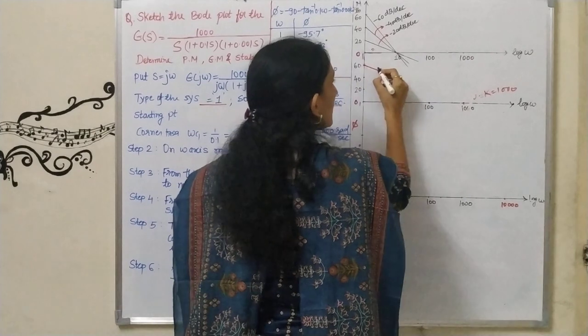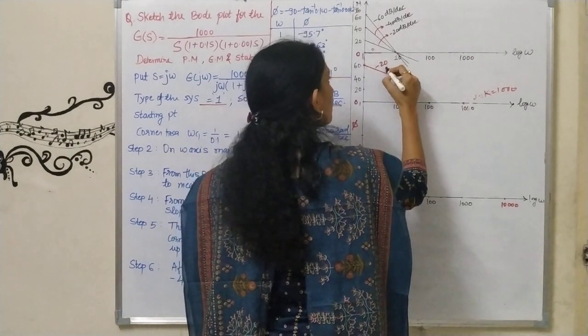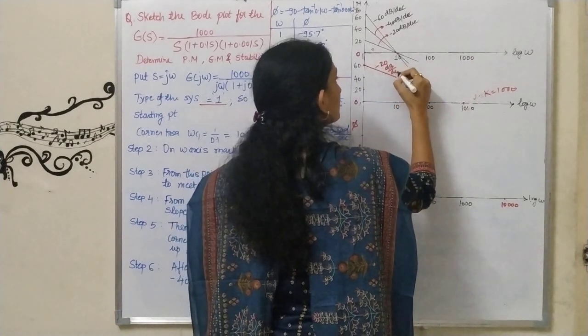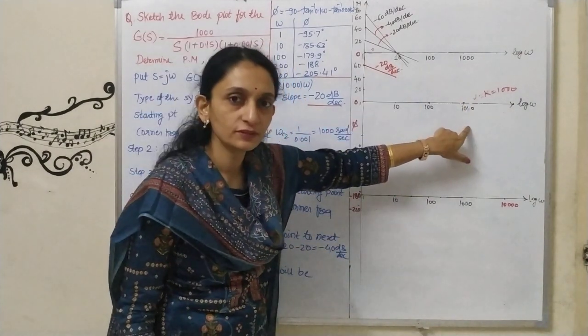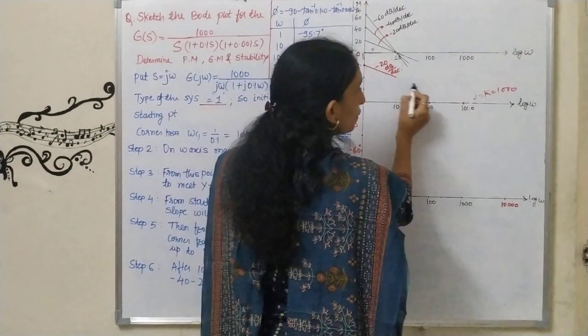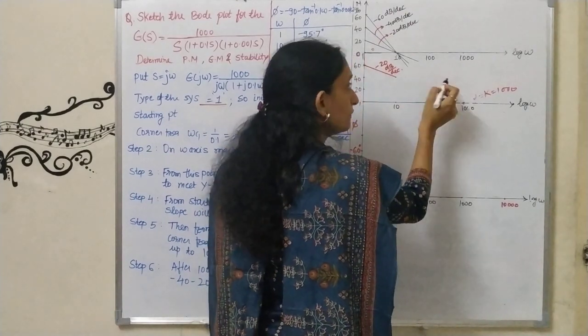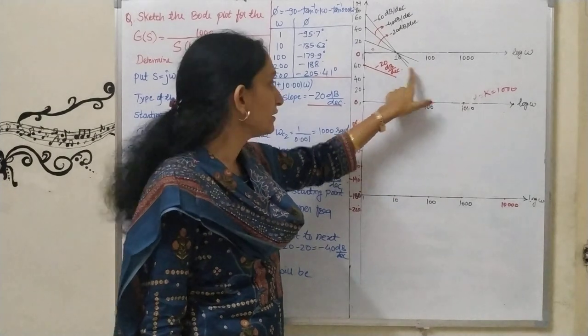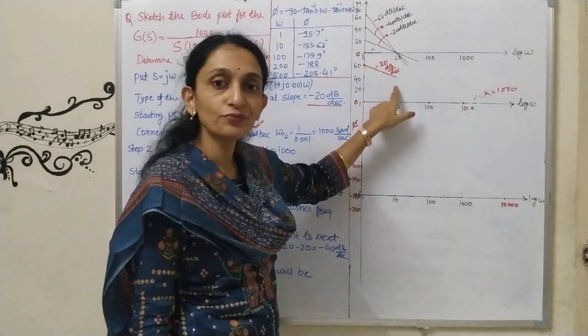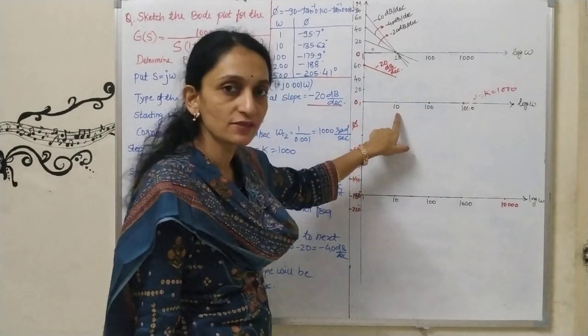This line has a slope of minus 20 dB per decade. I have not shown the dotted line here; it is your choice whether you want to show it. Ultimately you have to draw the line up to the first corner frequency, which is 10.